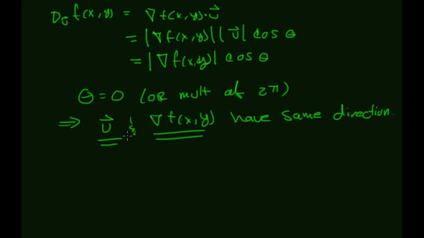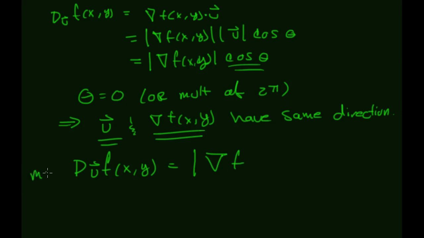Okay, and if you follow that, this happens when the cosine is 1. So when that happens, that goes to 1, which means the directional derivative is in fact equal to the magnitude of the gradient.